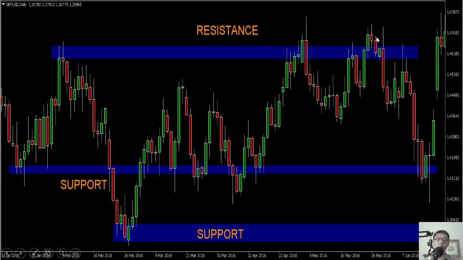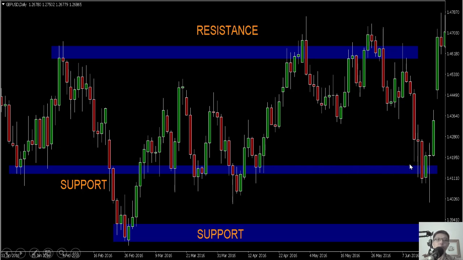Don't try to buy at this area because in a scenario like this, sideways, there is a big possibility that price can go up, down like this. No clear direction. So if you buy here, you will suffer because price can go lower and touch this support area.